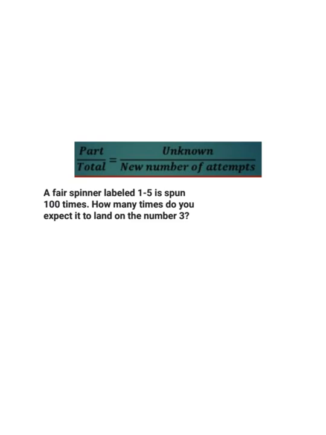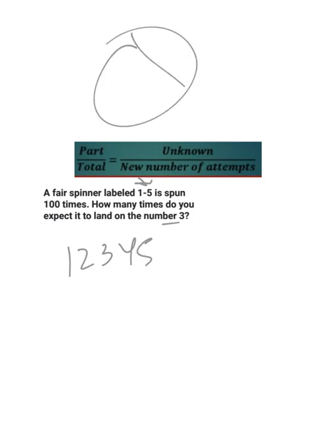All right, a fair spinner labeled 1 to 5 is spun 100 times. How many times do you expect it to land on number 3? So a fair spinner is 1, 2, 3, 4, 5. Typically it'll be like a circle, and they'll all be equally sized. So the choices are those, and you're looking for number 3. So there is one favorable outcome out of 5.